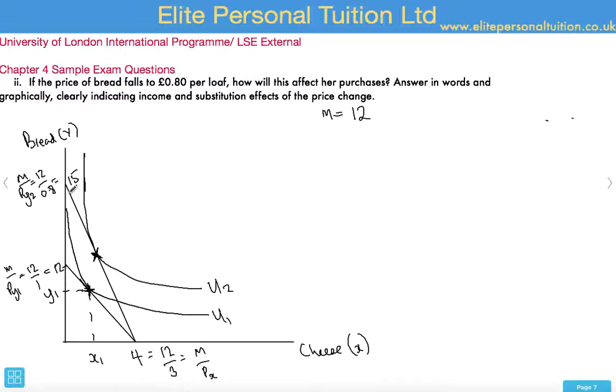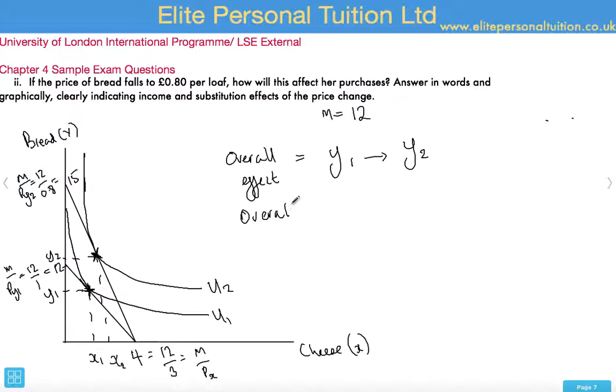After the decrease in price of Y, we now consume X2 and Y2. So our overall effect is from Y1 to Y2.